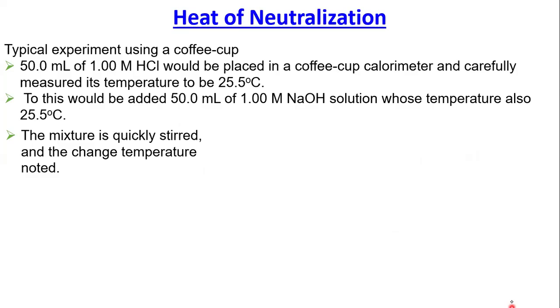We are saying 50 mL of 1.00 molar HCl would be placed in a coffee cup calorimeter and carefully measured its temperature to be 25.5. To this would be added 50 mL of 1.0 molar sodium hydroxide solution whose temperature is also 25.5. The mixture is quickly stirred and the change in temperature noted, right? So this is how the experimental setup is done.